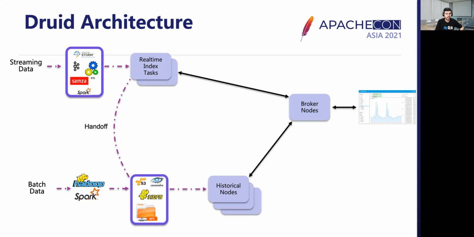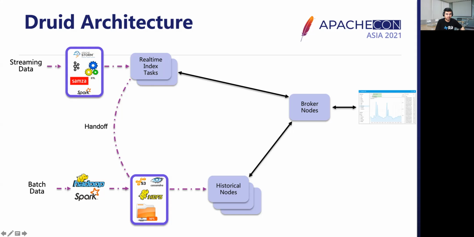Deep storage can be any distributed file system which acts as a permanent backup of your data. In case you also need to do ETL, like data enrichment or joining multiple streams of data, you can do it in a separate ETL before sending the data to the Druid real-time index tasks. These index tasks are highly scalable, and you can create multiple of them.